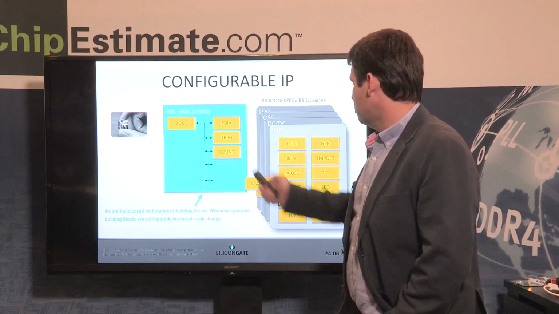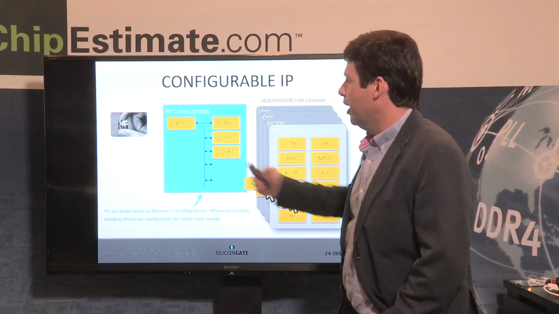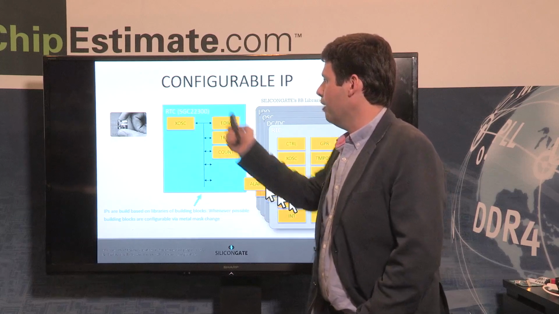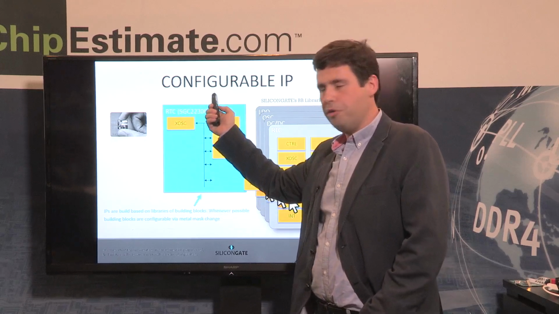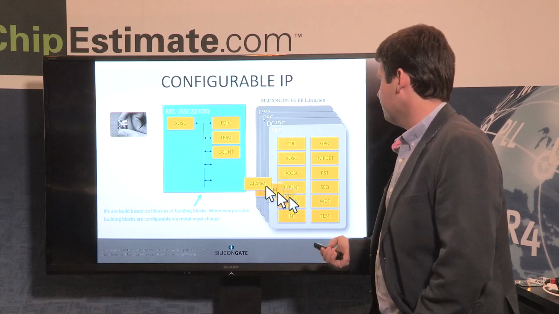It might need interrupts, it might need other things, and you can configure your real-time clock so that you have an IP that fits within the PMU, which is configured with all the functions that you need.